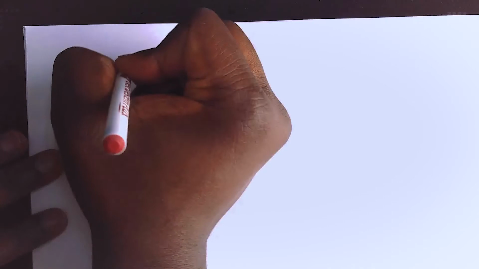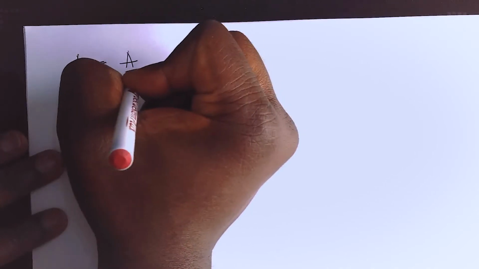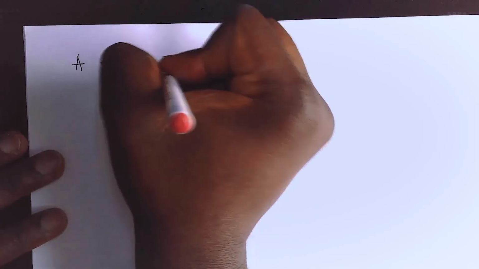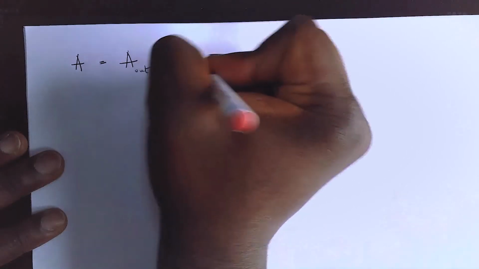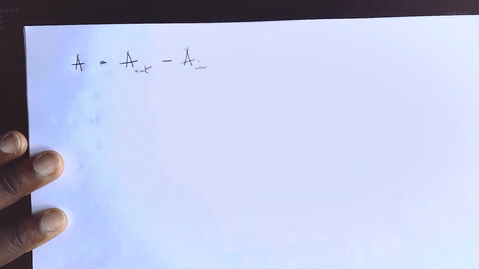So the area is equal to the area of the outer diameter minus the area of the inner diameter. We have to assume that the tube is a solid of 50 millimeters which has been hollowed out. We're taking out 40 millimeters, thus this equation.